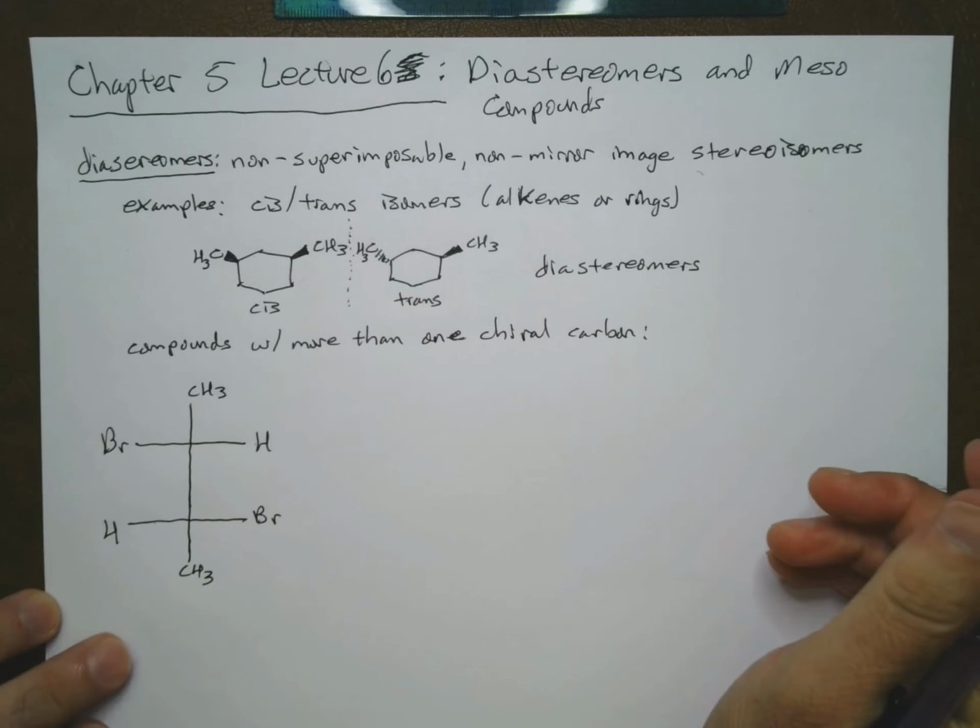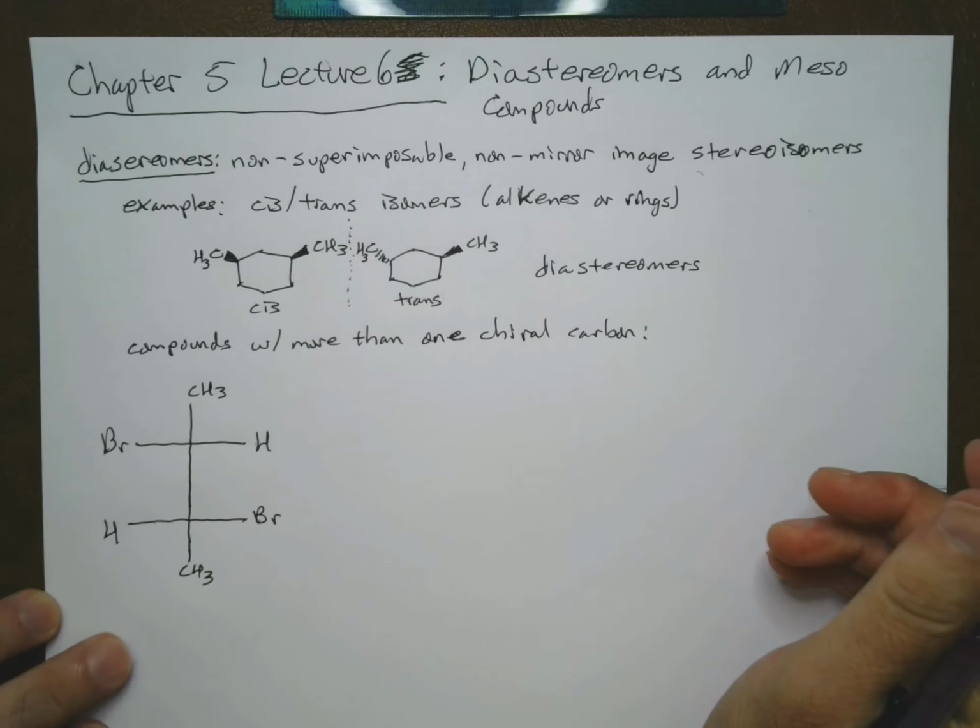But if I compare one of these two to one of those two, we have diastereomers. So these two are diastereomers, these two are diastereomers, these two are diastereomers, these two are diastereomers. Notice also that when we have two chiral carbons, we have a possible 4 different stereoisomers.